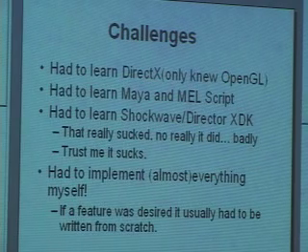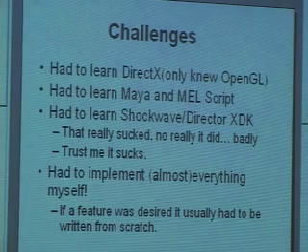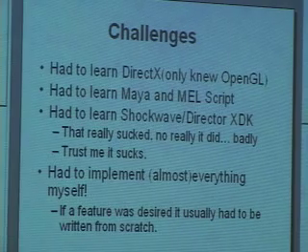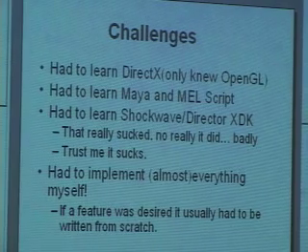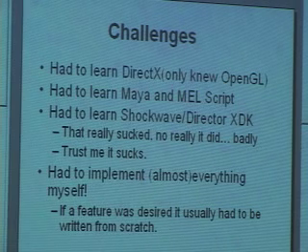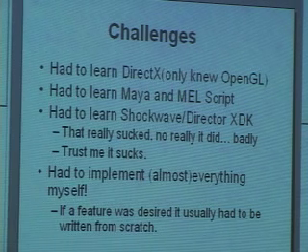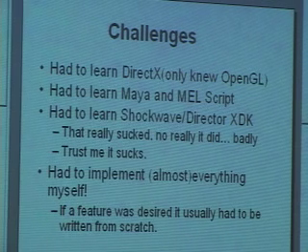Now there are challenges. Obviously, extending your screens was one of the challenges I didn't list on here. But I had to learn DirectX, I had to learn OpenGL, I had to learn Maya ML script, and I had to learn the Shockwave XDK, and that really sucked. In fact, developing at the C++ level for Director, I don't recommend it to anyone unless you're a masochist.